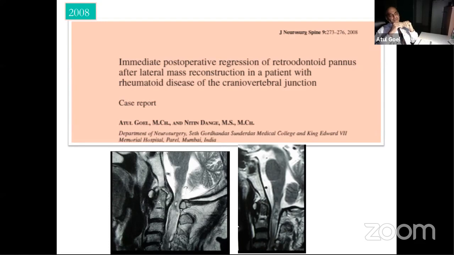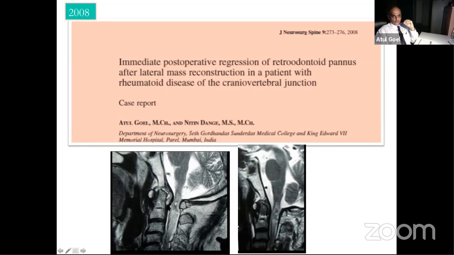Another very fantastic concept that we introduced is about rheumatoid arthritis. In rheumatoid arthritis, we all know that there is a pannus. So the whole world used to come transoral and used to remove the pannus, and the concept was that there is a compression of the cord here, and this pannus is causing the compression.